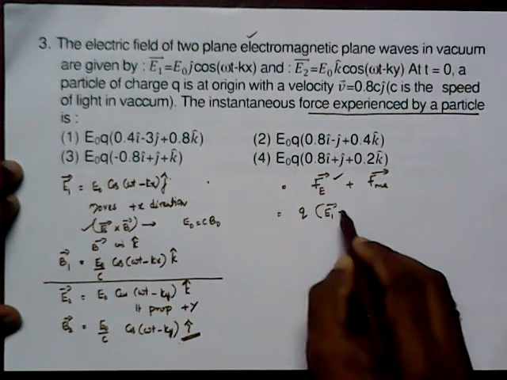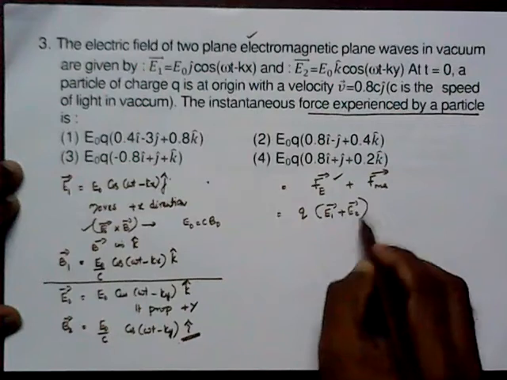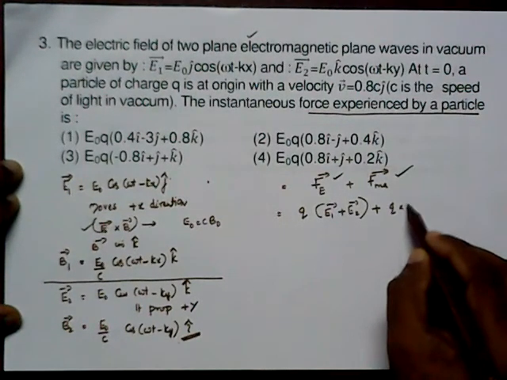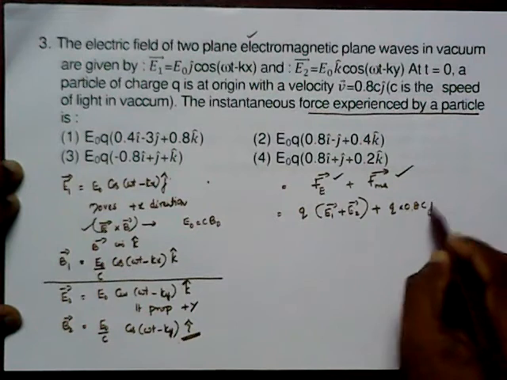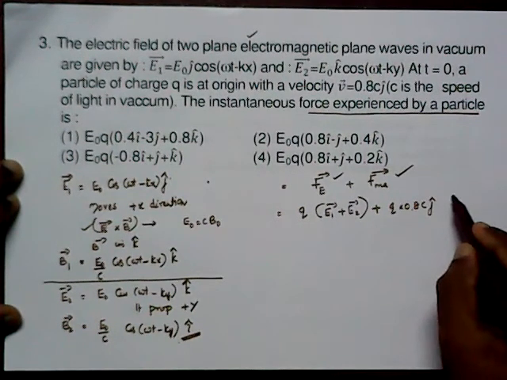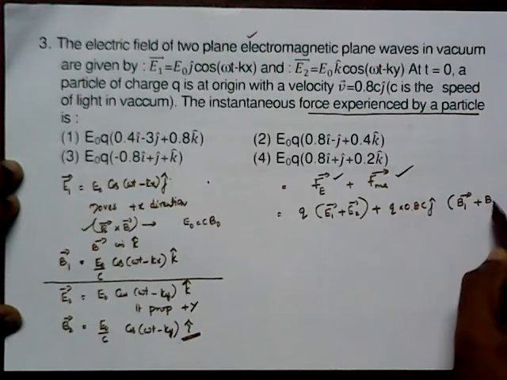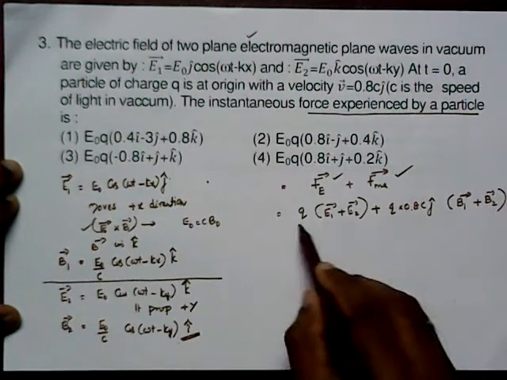E1 plus E2. Similarly, the magnetic contribution is the charge into the velocity, here 0.8c j cap, cross the net magnetic field, B1 plus B2. A good concept here.